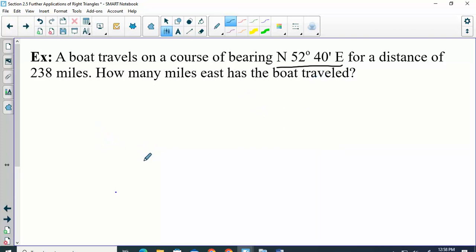So I've got to have my boat have a starting point. If I'm measuring bearing, we need a north-south line. My boat is going to go northeast. And the angle is from that north-south line.